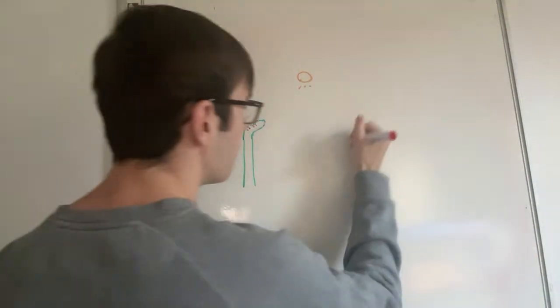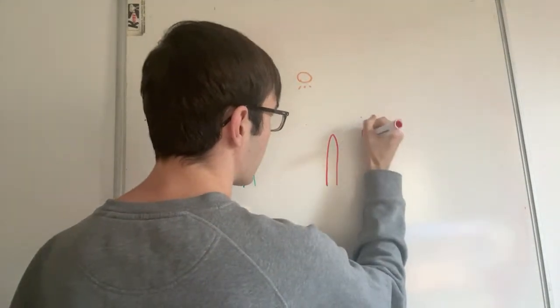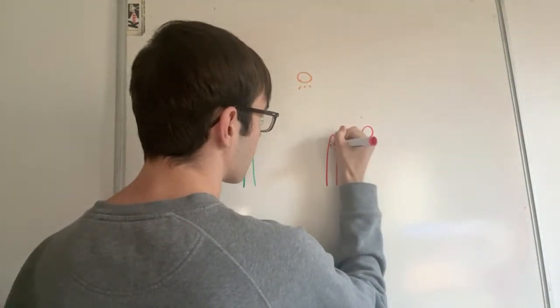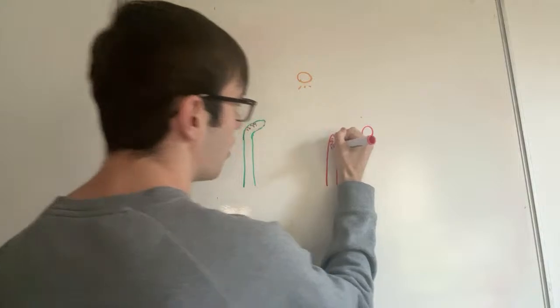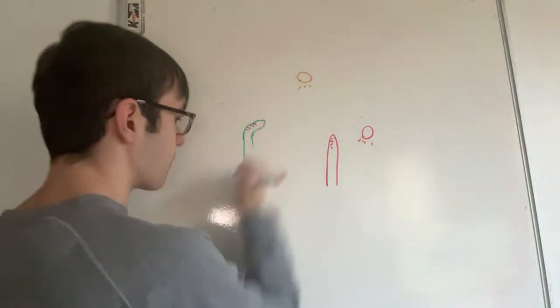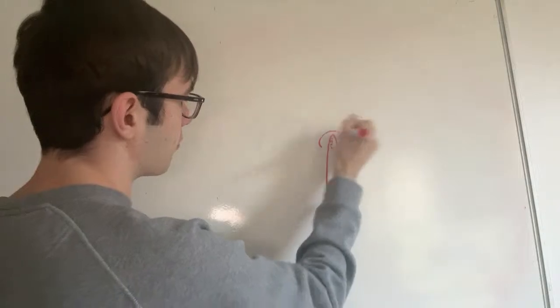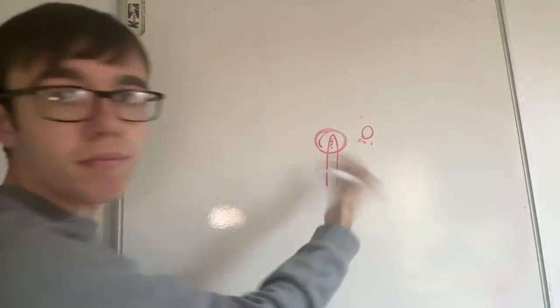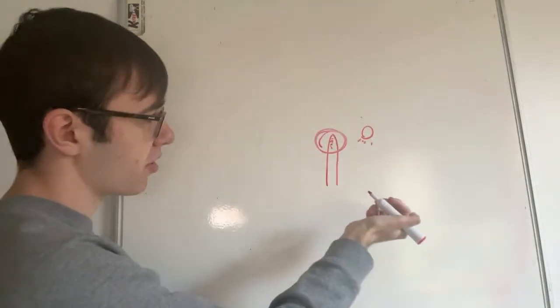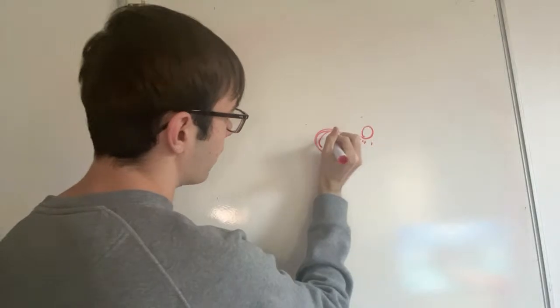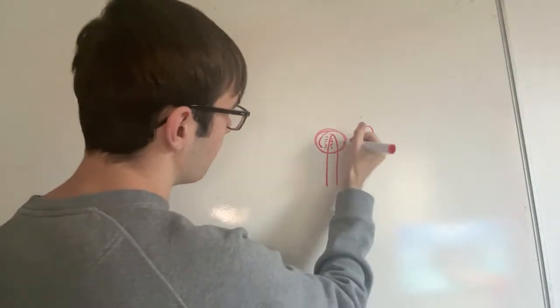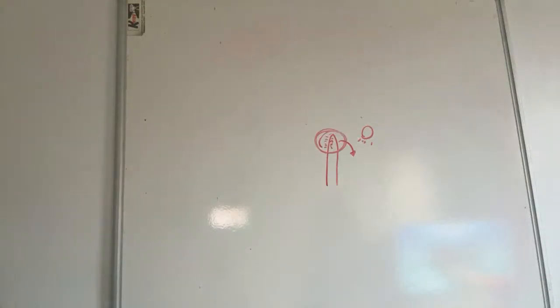So a better example would be this. If the light is here, this is where the IAA would move towards. They would move towards the other side where the sun isn't present, because then this side is going to grow, which causes it to become top heavy, move down.